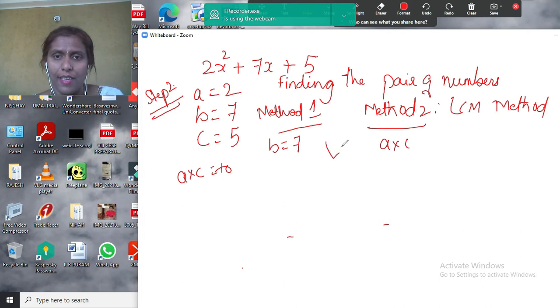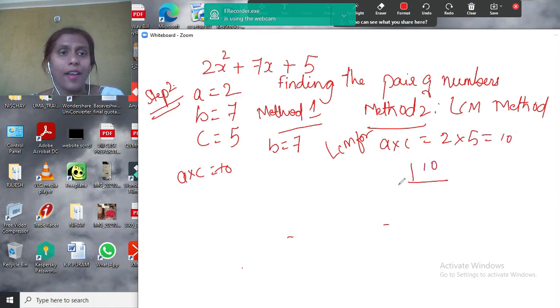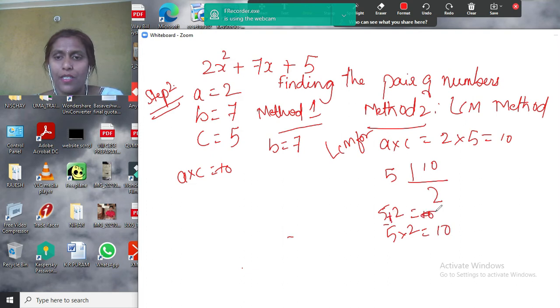What is a? 2. What is c? 5. That is 10. So take LCM for 10. Can I take it as 5 twos? Yes. So now you got the pair as 5 comma 2, which is 10. 5 into 2 is 10, and 5 plus 2 is 7, which satisfied our b.